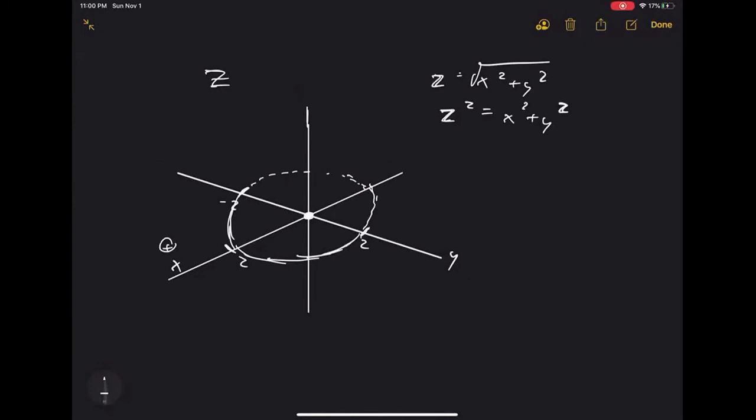But think about what this surface is first. If I had z squared equals x squared plus y squared, I believe it's one of these double-sided cones.